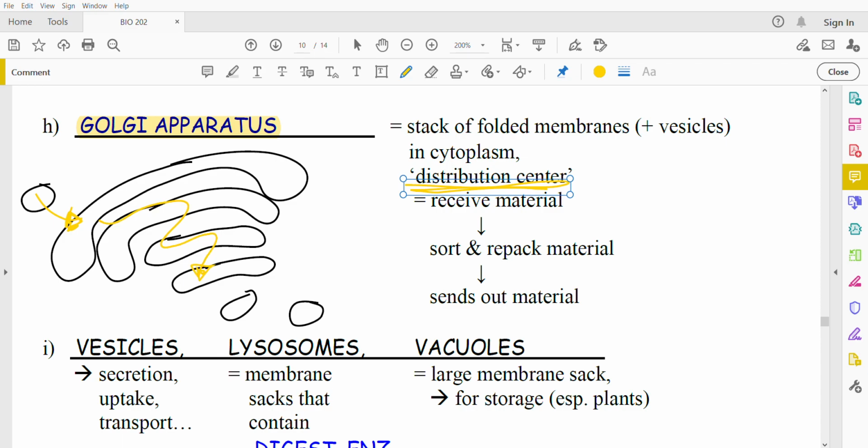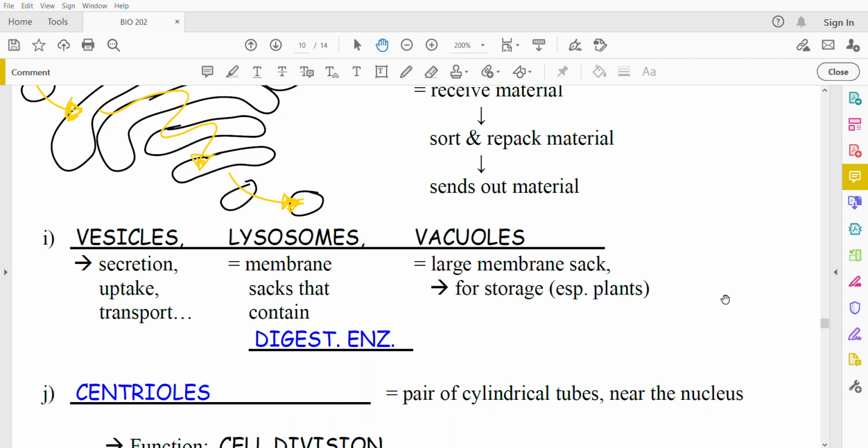It might be repacked, reorganized, resorted, and then it's sent out, usually in a vesicle, to go wherever it needs to go. So really, all of those would be functions of a distribution center if you have ever dealt with logistics. That's basically what Golgi apparatus does and what we can be happy with at this level of the studying of the cell organelles.